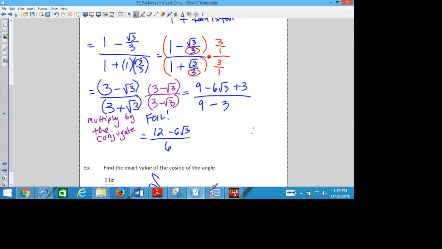You cannot just cancel those 6's. What you can do is factor out a 6 from the top, like GCF, factor out. Then you can cancel them. But you cannot cancel them when there's subtraction in between terms.